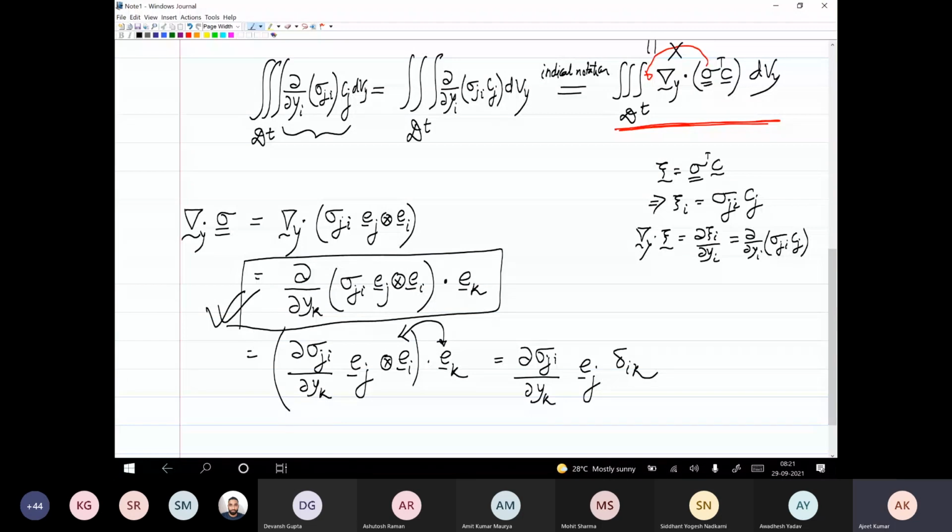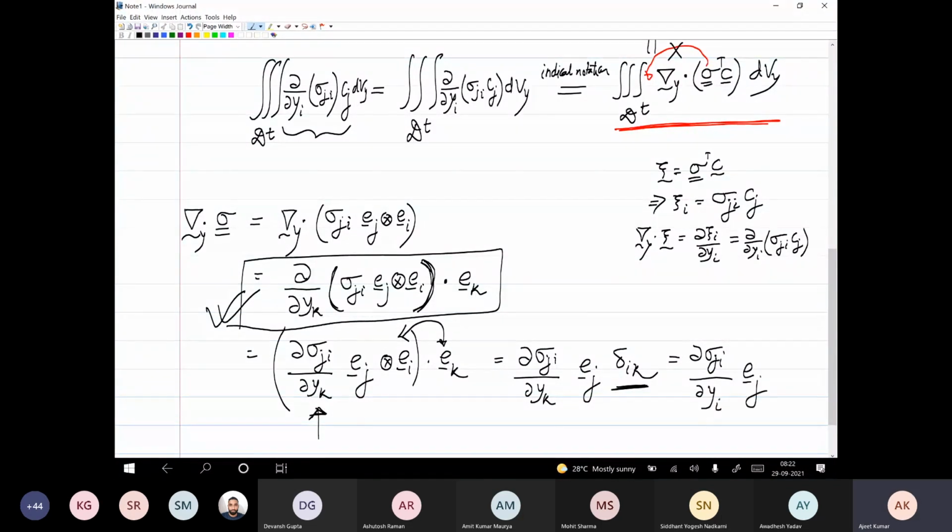Okay, and you see when I take the derivative with respect to yk here, ej and ei are constant, so there is no derivative on them. Therefore, the derivative comes only on the component of sigma. Anyway, so this is what I have, and finally, this being a Kronecker delta function, the k will change to I. Okay, so this becomes del sigma ji over del yi ej.